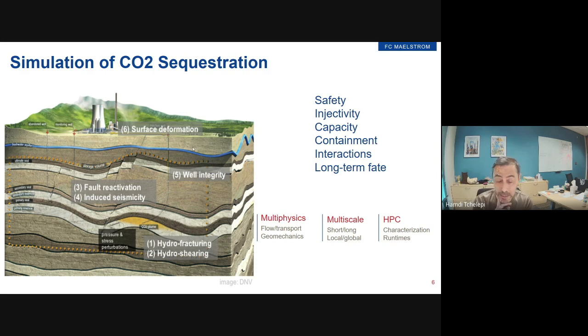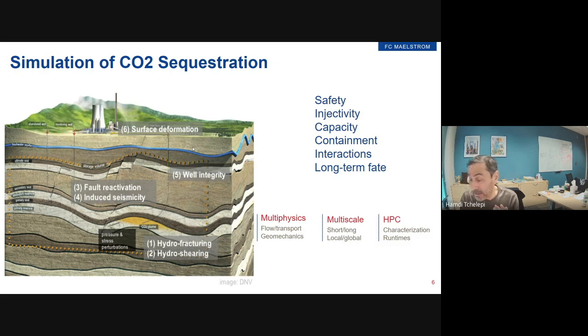So actually, the intent behind this largely is to think of what we refer to as very large point sources. So think of a power plant that burns natural gas. You take the flue gases from the emissions, you capture them with some chemical or physical process to high grade the concentration of the CO2, and then you compress the CO2 to be in this supercritical state, and you inject it into the subsurface.